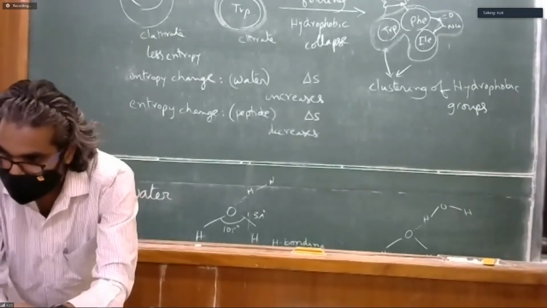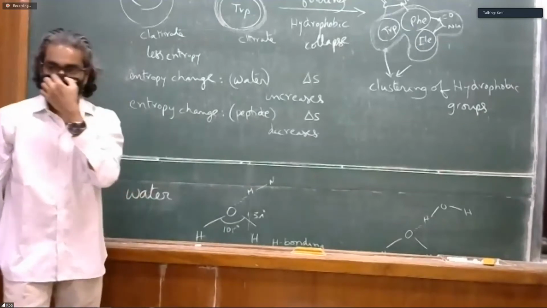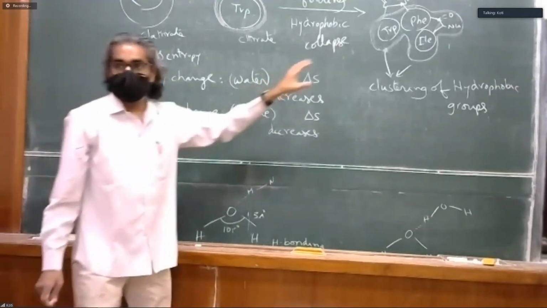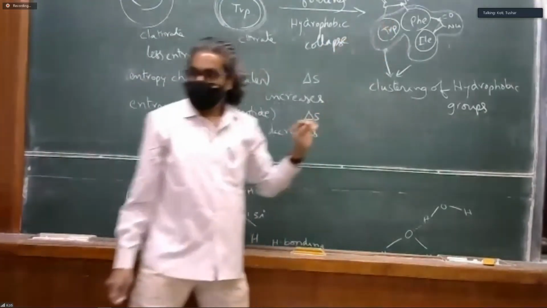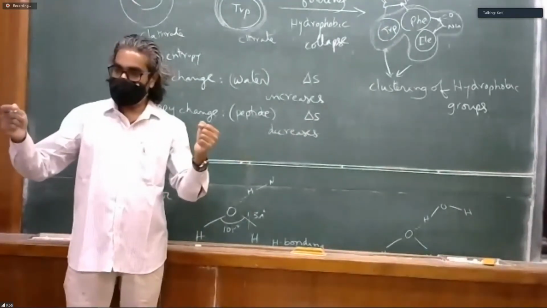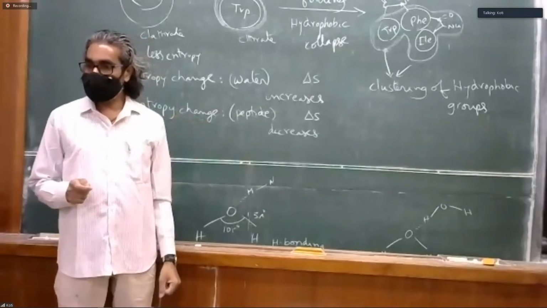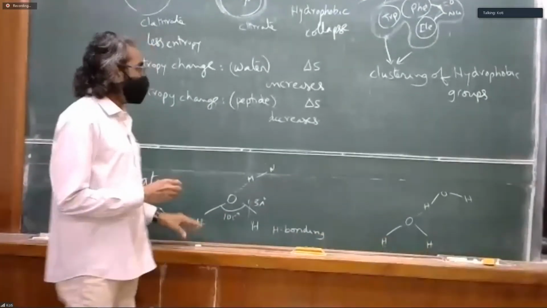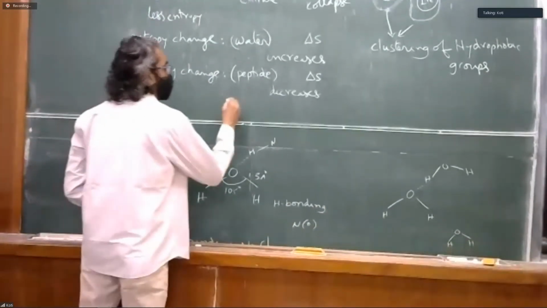Okay, so Van der Waals interactions are basically dispersion, induced dipole-induced dipole. Those are stabilizing, right? Because to begin with, they don't have any interaction, so you brought those interactions together. So side chain interactions are stabilizing.